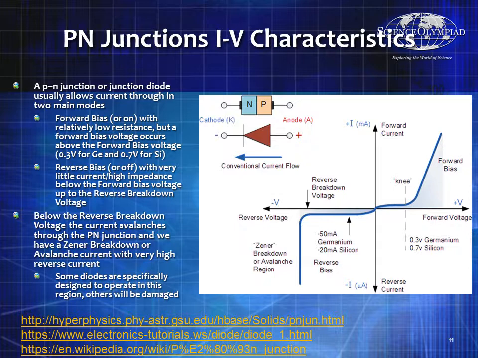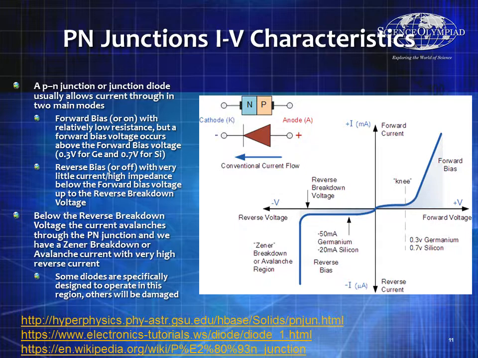Below that knee, it's pretty much off. Then as we get below zero, we have a small amount of leakage current. Then we'll hit a reverse breakdown voltage, and you'll see a Zener breakdown or avalanche region.